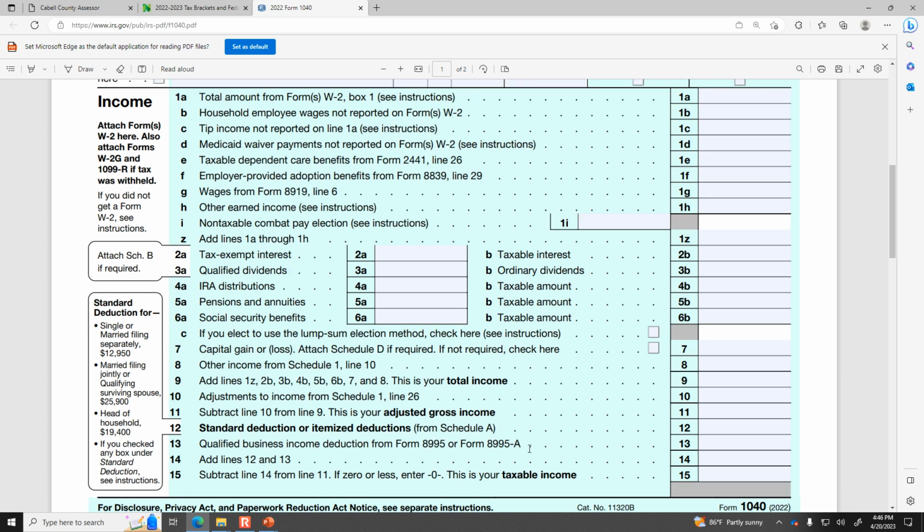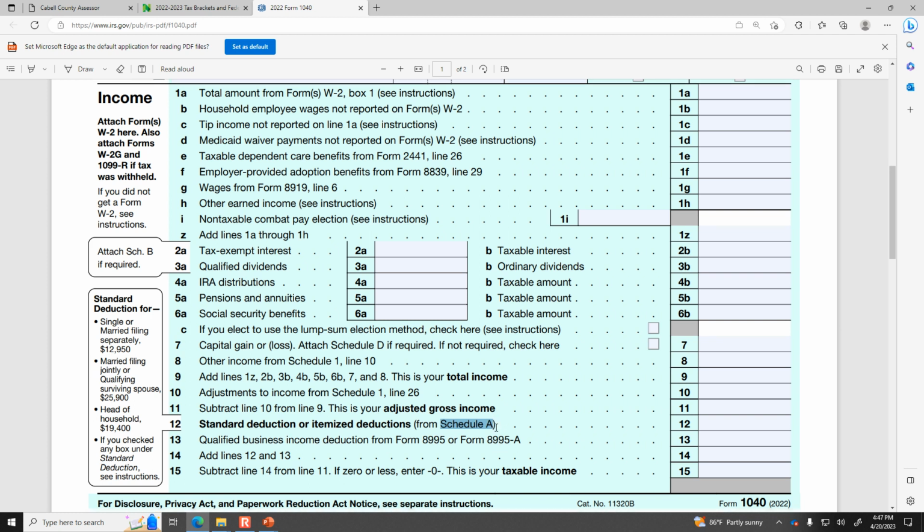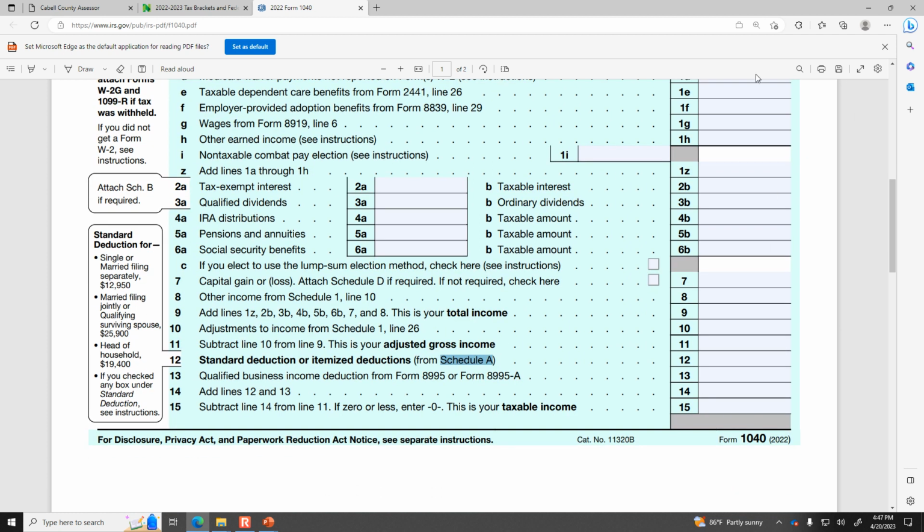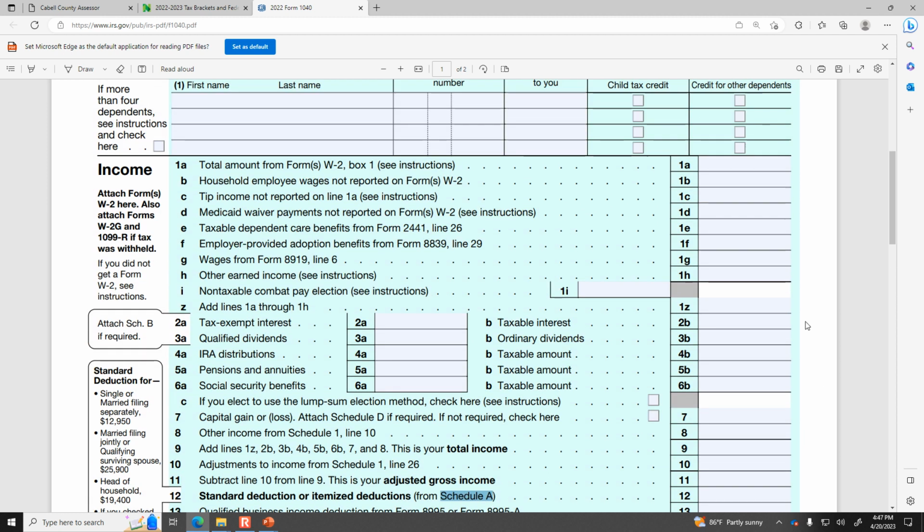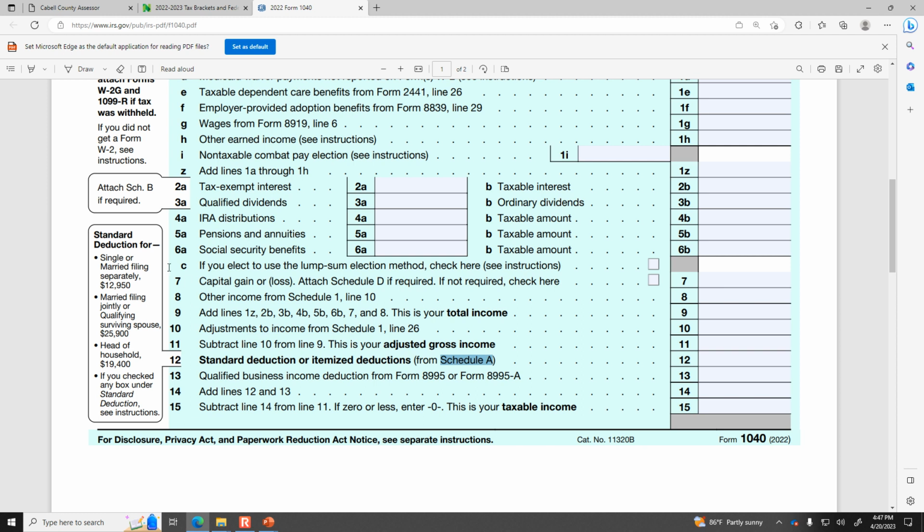And if you have itemized deductions, Schedule A here is where you would be listing the itemized deductions if you choose to itemize. If you do the standard deduction, then you wouldn't have to include Schedule A. So when you add up all those different kinds of incomes, then you subtract out the deductions.